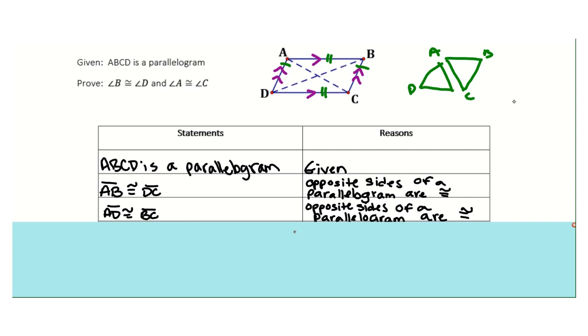But then we also have triangle DAB with triangle DBC. So I have these two triangles and these two triangles. And if it helps you to draw them separately, please feel free to do so.